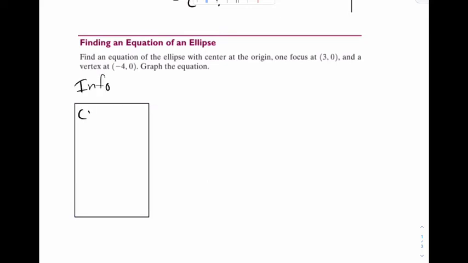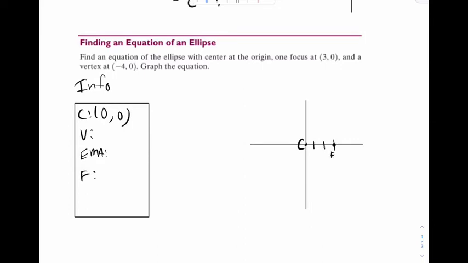Our center is 0, 0, and then vertex, EMA, and our focus points. I'm going to sketch. Center. And let's fill in what we know. We have a focus at 3, 0, 1, 2, 3. And a vertex at -4, 0, 1, 2, 3, 4.